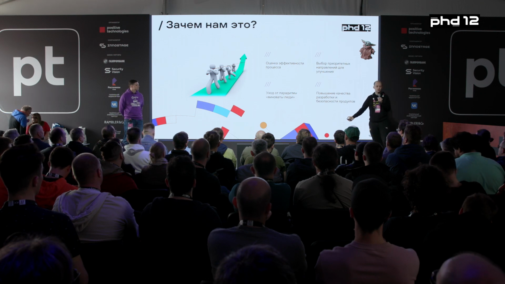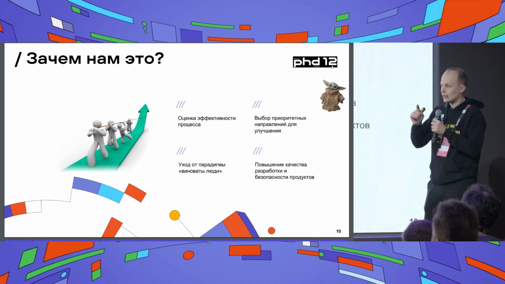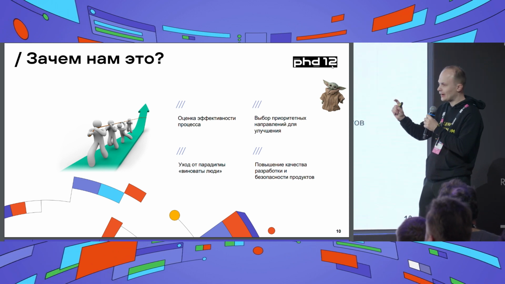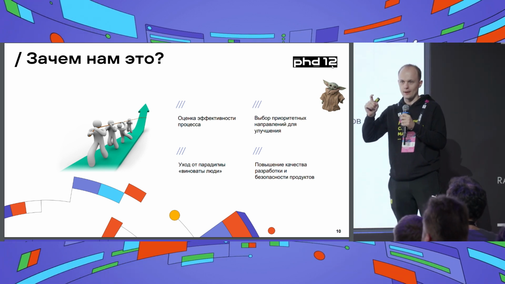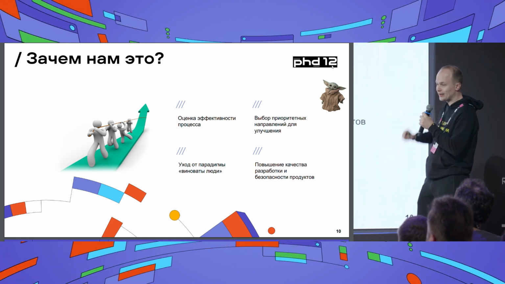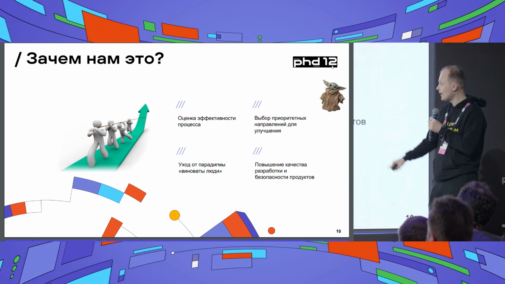Why do we need it? What for? Who asked that question? Let me explain. By evaluating the process, we always realize how efficiently we work, and we can prioritize our further actions.